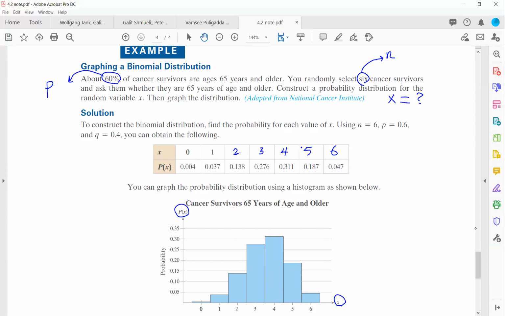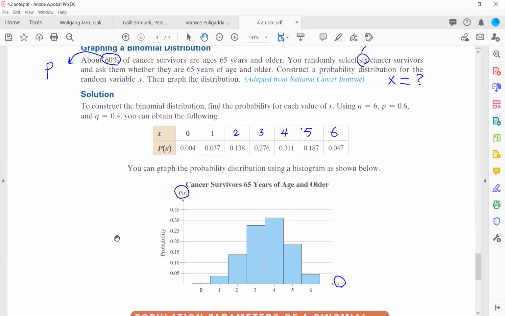So our graph stops here. It's a very small bar. The probability that X is equal to 1 is almost 4%. So the bar stops here. And so on. This is our probability distribution function.